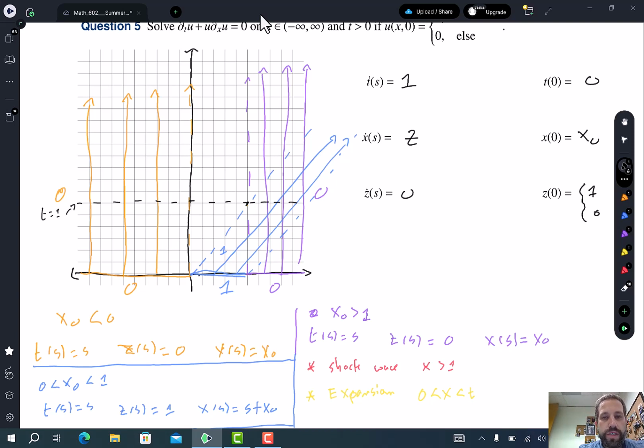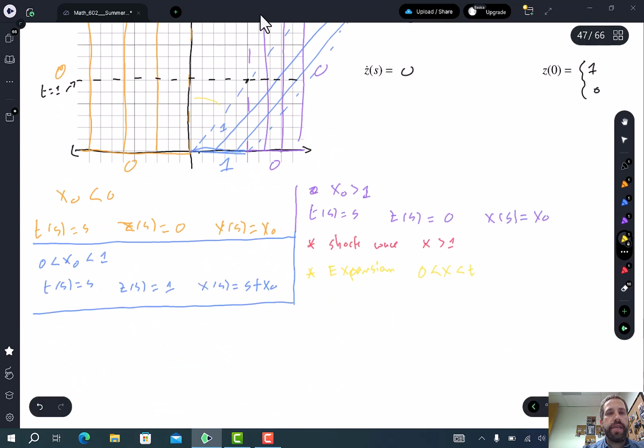If I look below t is equal to 1, the expansion wave characteristics are not going to intersect with any other characteristics. I'm going to have an expansion wave, and when x is bigger than 1, the blue and purple characteristics are intersecting there. So I can analyze the problem using the normal tools that I have right now if t is less than or equal to 1.